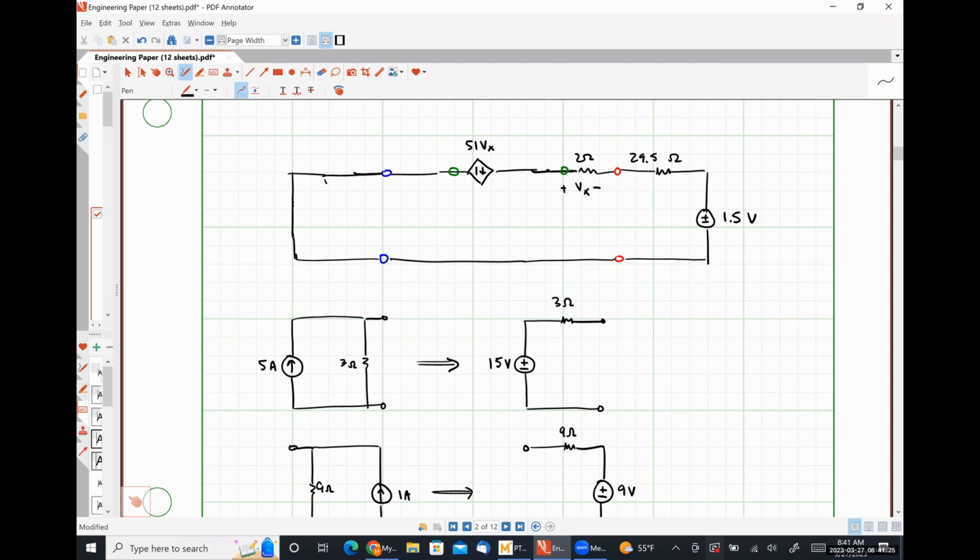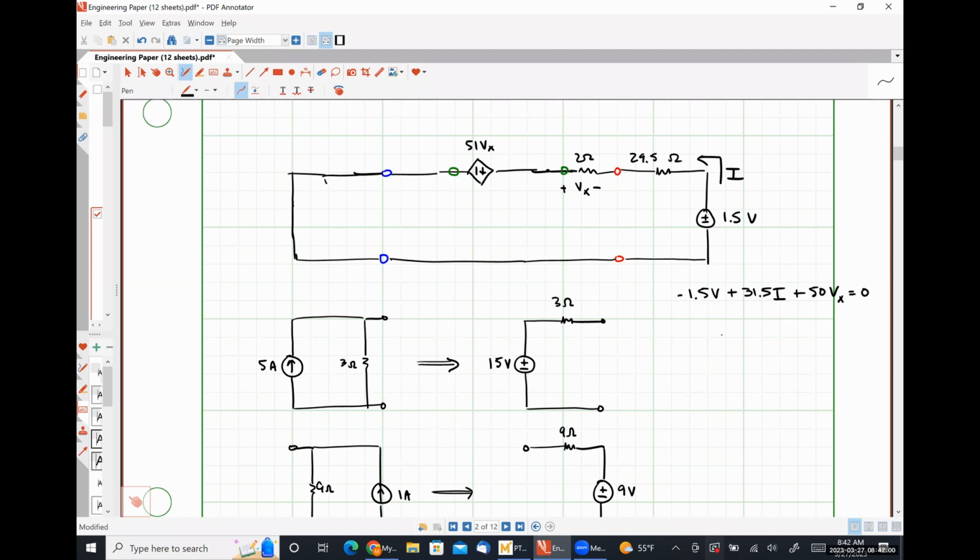And then now I have a simple single loop circuit that we could solve for Vx pretty easily, right? So if we wrote a KVL equation, let's just call this current I, we'd have negative 1.5 volts plus 31.5 I minus Vx plus 51 Vx, which is going to look like plus 50 Vx, is equal to 0.